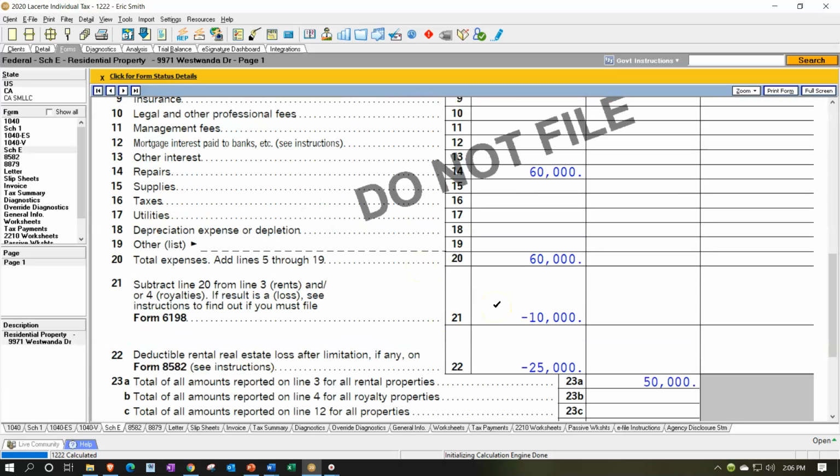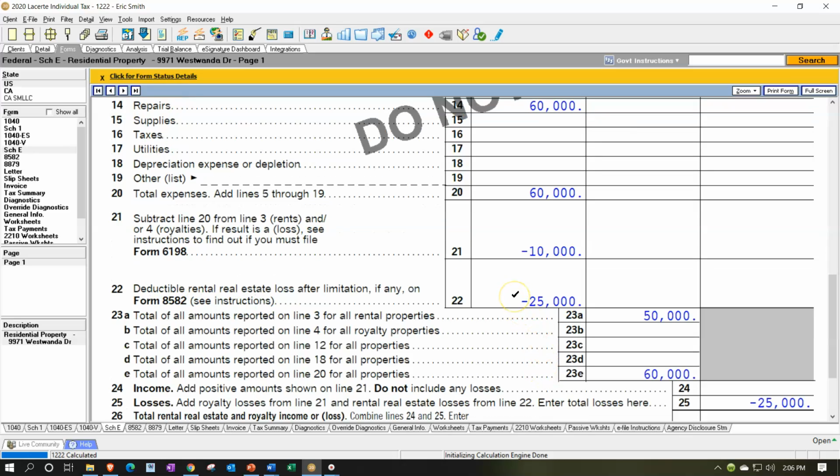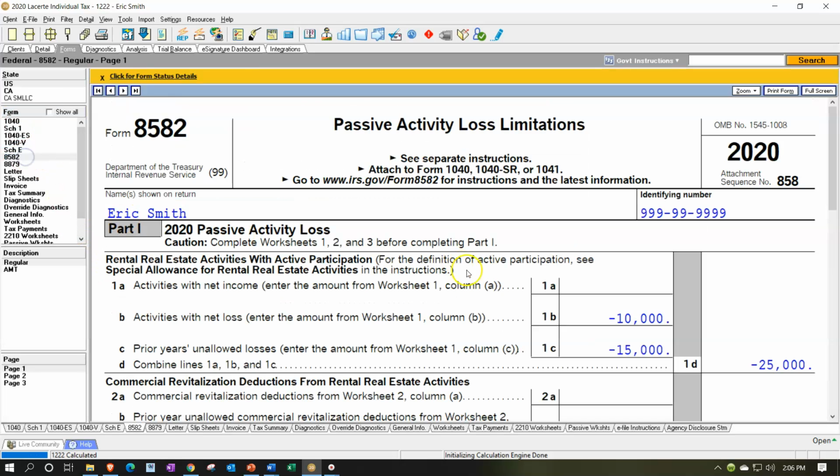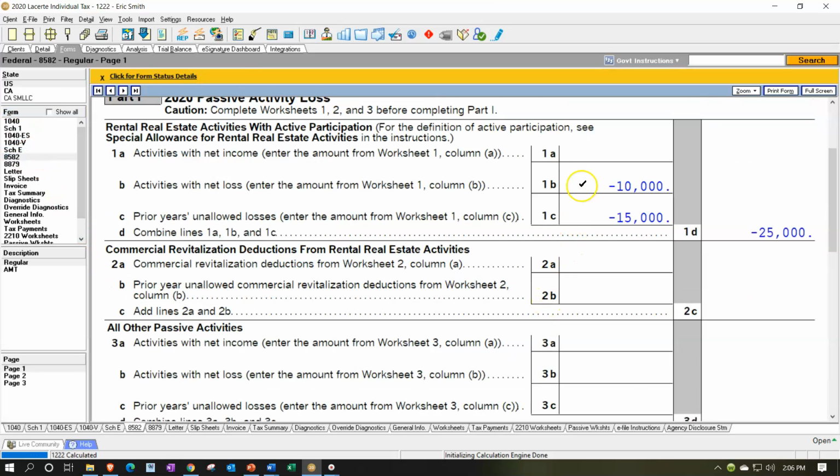So here's the 10,000 here, and then the totals bring us back up to that 25,000 because it's including the losses. So we've got the deductible real estate losses after limitation, if any, from 8582. So form 8582 then. Here we have the 10,000 activities net loss, prior year unallowed losses at the 15,000, bringing us to that 25.